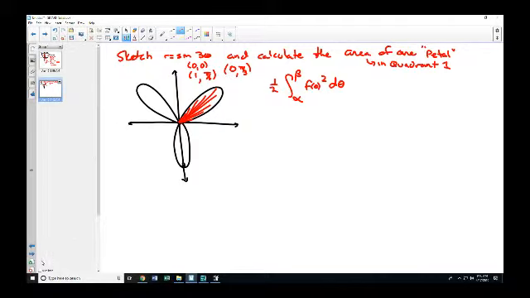We're back to the original starting location. So we go from 0, 0. Here's pi over 6, and pi over 3 comes back to here. So what are our boundaries going to be? 0 to pi over 3. One petal is 0 to pi over 3.